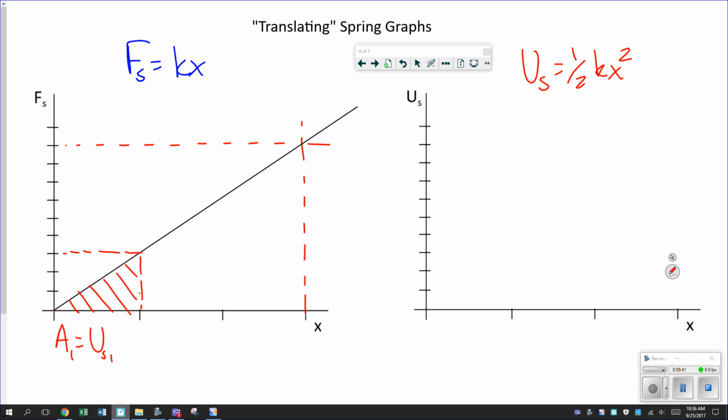And let's take this triangle and see if I can move it up here.